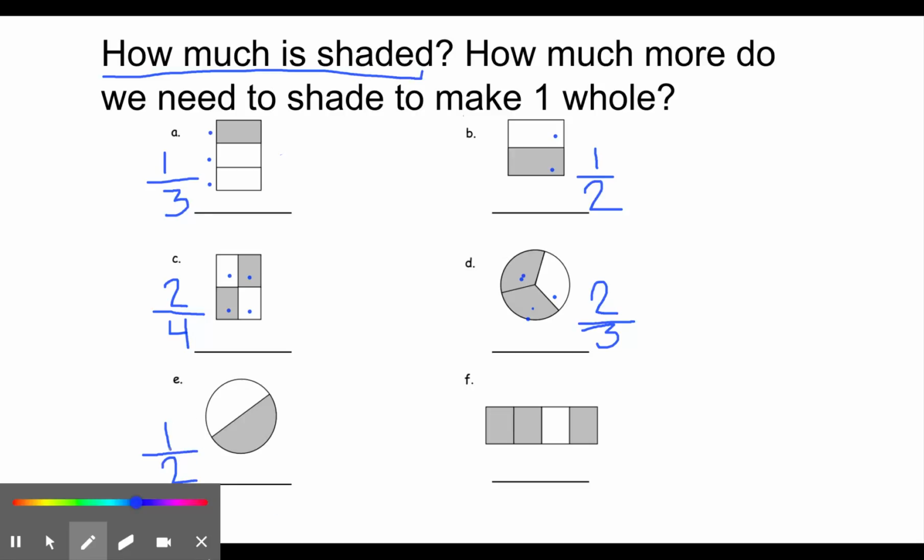One part. Let's look at F. How many parts are there? There are 4 parts. So it's divided into fourths. How many parts are shaded? 1, 2, 3 fourths.